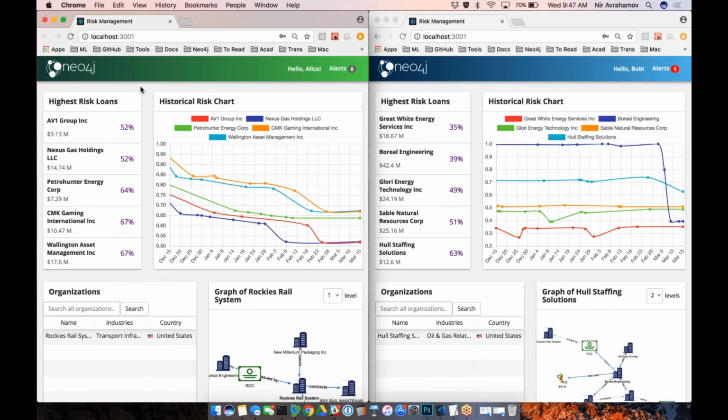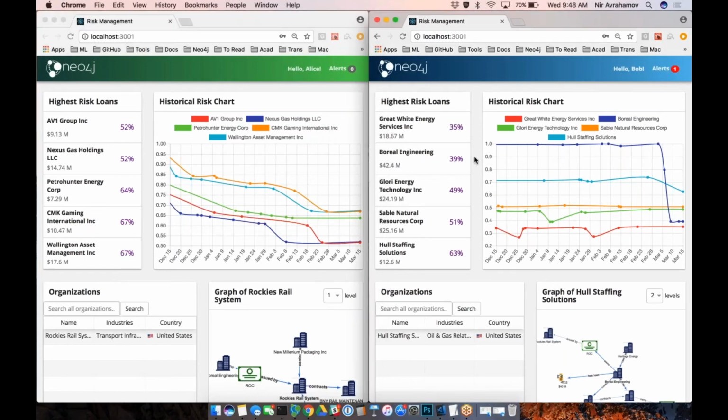So, in the interest of time, I think you get the picture here. We're a little short on time, but as we go down this demo a couple more steps, you see that the loan picture is getting pretty bleak for both the loans with Boreal and the staffing company, and these loans become very risky.